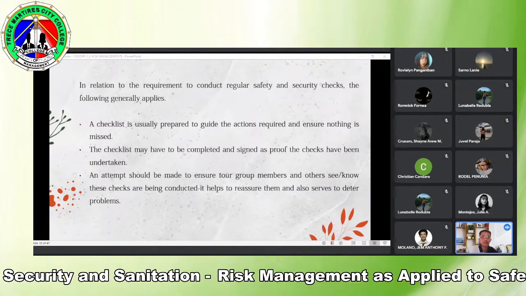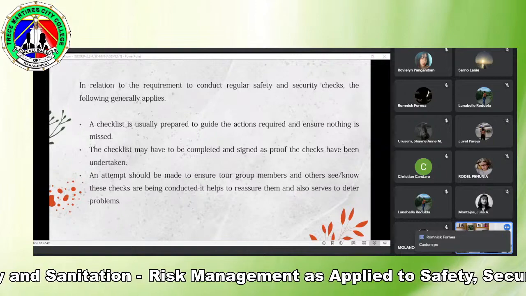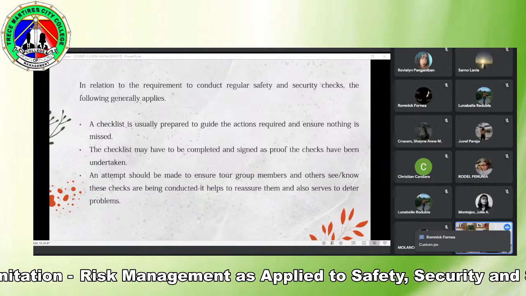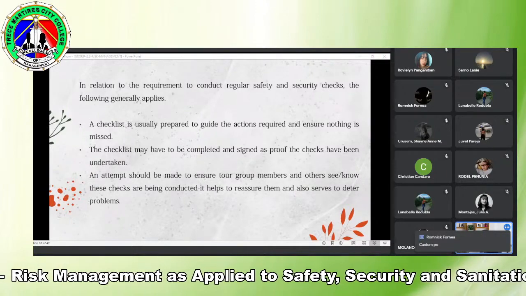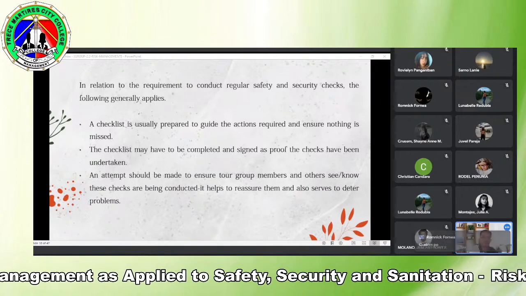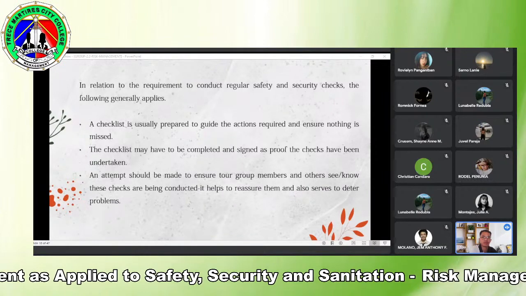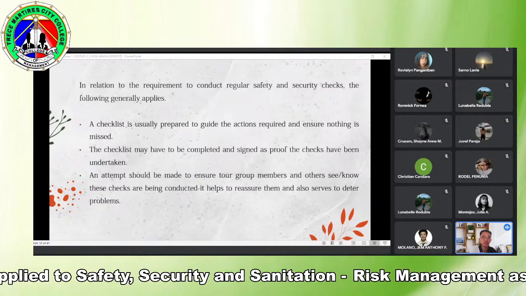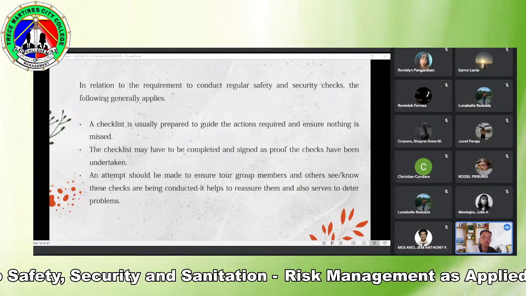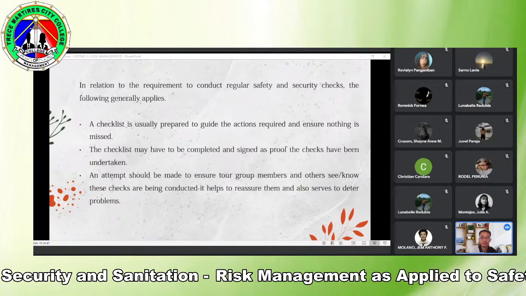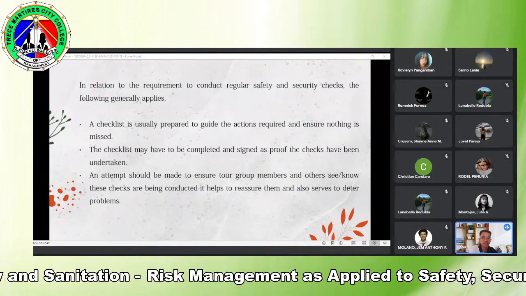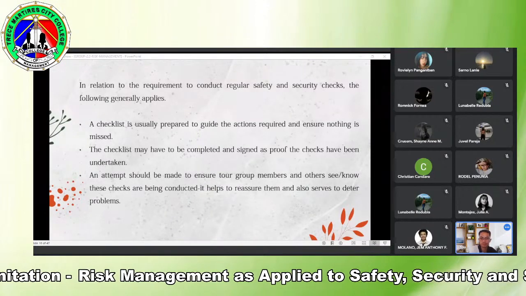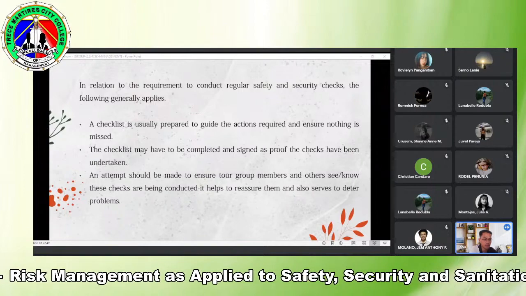Okay? Hindi isang beses lang i-check yung mga bagahe natin, no? In my experience, I think it's twice. Pagpasok mo ng airport at pagpasok mo ng immigration, no? Chine-check yang mabuti.